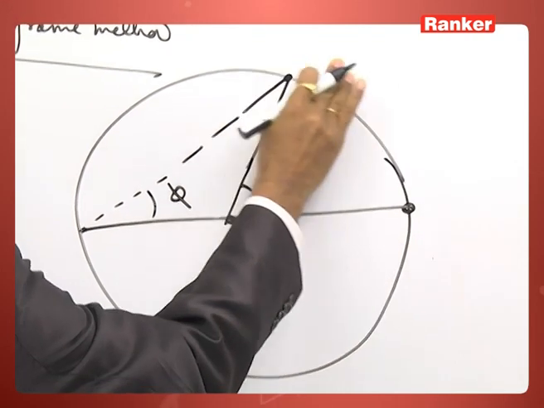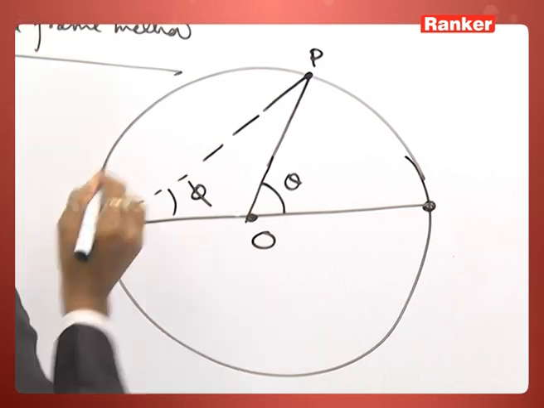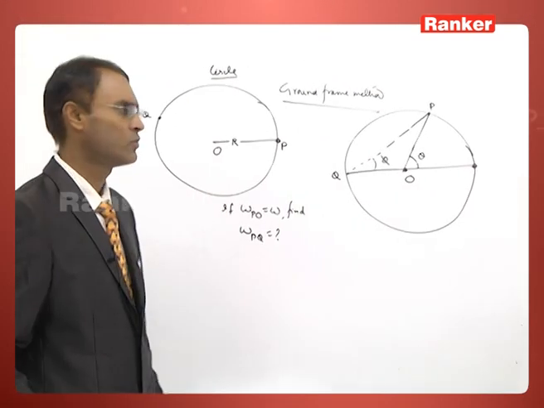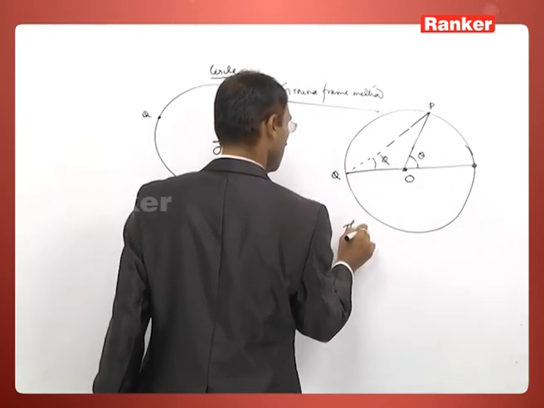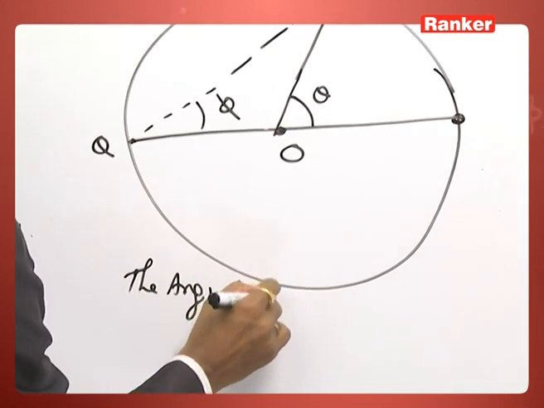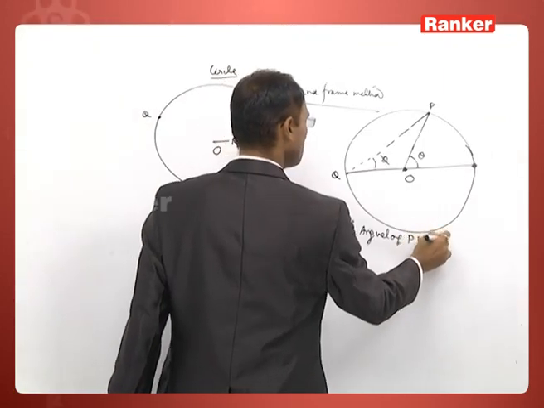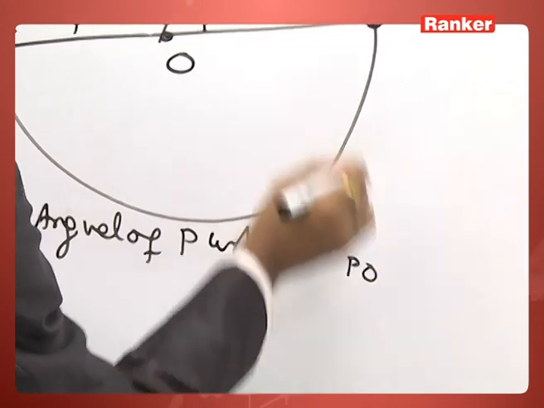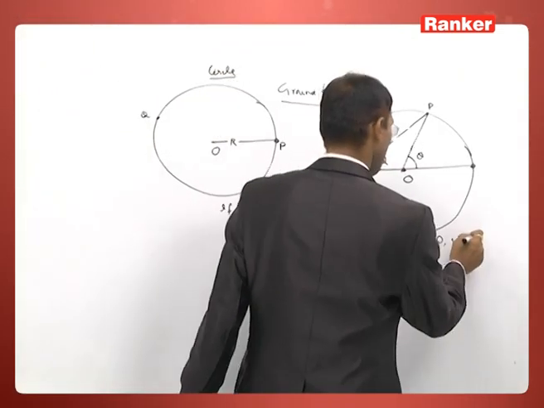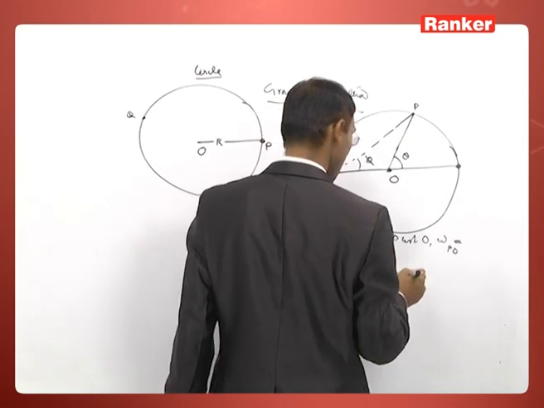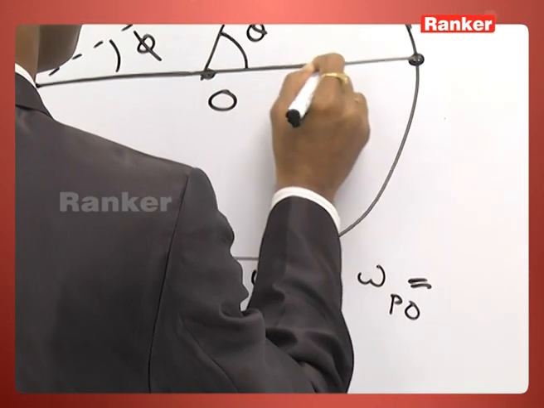Angular velocity of P with respect to O, that is omega PO, in ground frame method is given as the rate of change of which angle?